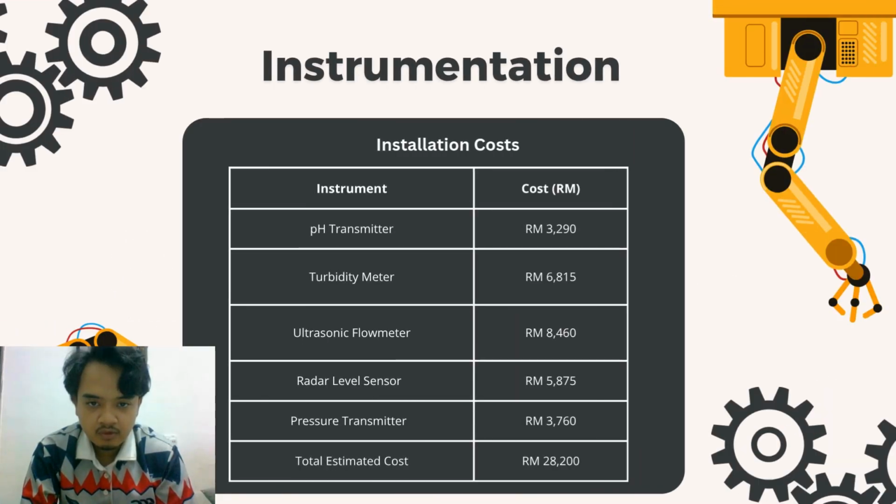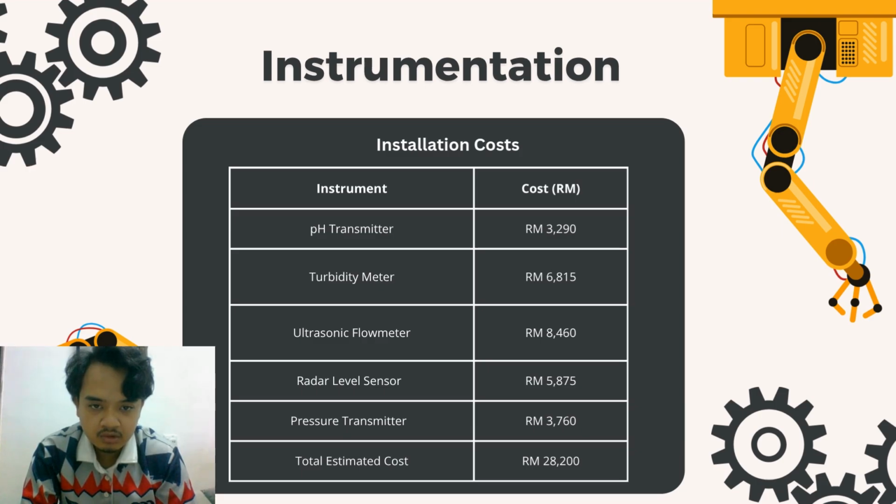Okay, next for installation cost. For instruments, we have pH transmitter, turbidity meter, ultrasonic flow meter, radar level sensor, and pressure transmitter. So for pH transmitter, the cost is 3,290 ringgit.